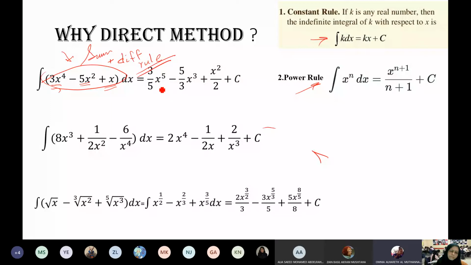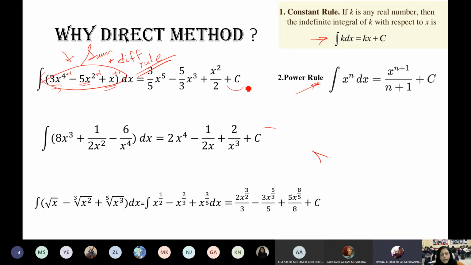It becomes 3 over 5 x to the power of 5, because we add 1 to the power and then divide by 5. Then negative 5x to the power of 2 becomes negative 5 over 3 x to the power of 3, and plus x becomes plus x to the power of 2 over 2. That's it.